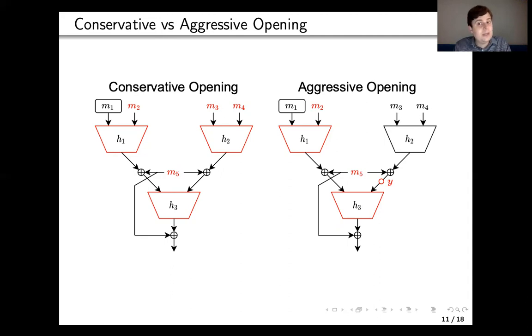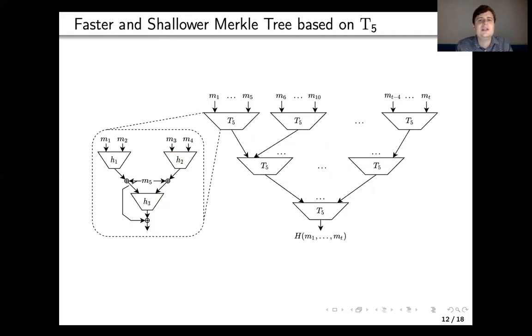For an aggressive opening, you're providing one input less. So instead of providing M2, M3, M4, and M5, we're providing M2, M5, and then this Y value, which is the input of H3. Okay, so I'll explain why these notions will become useful.